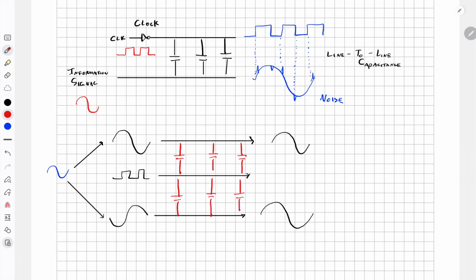There will still be line to line capacitances, and the output will still be clipped, so you have your square wave, and it will still have some clipping. It's equal and opposite, right? Again, the clock signal will still impart itself on these two outputs as well.